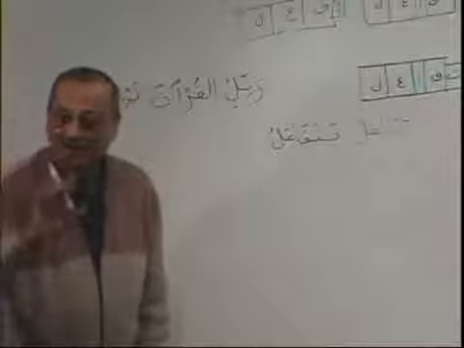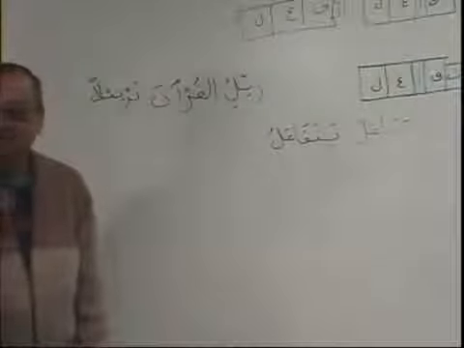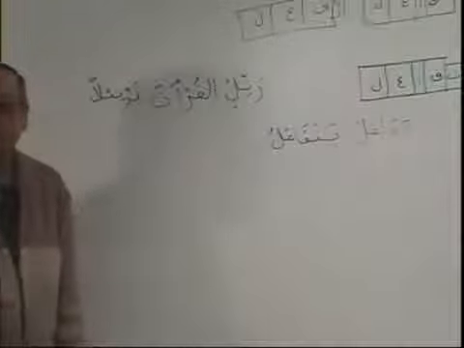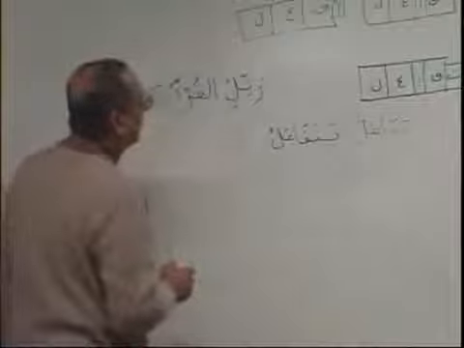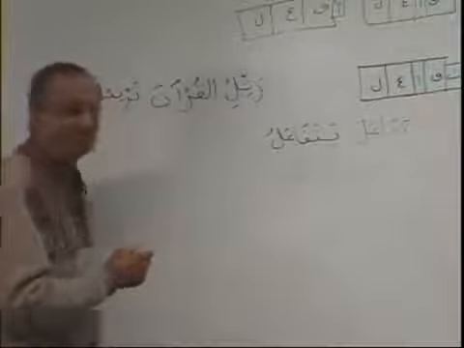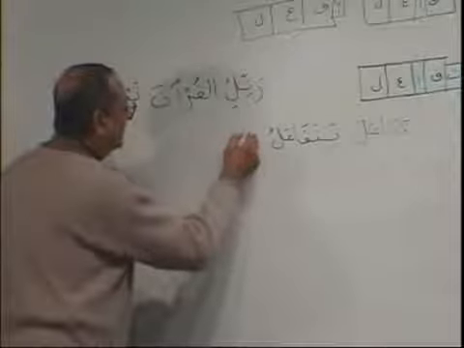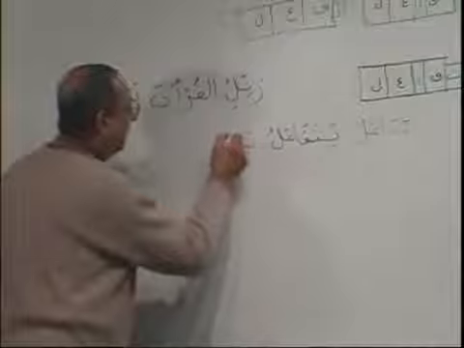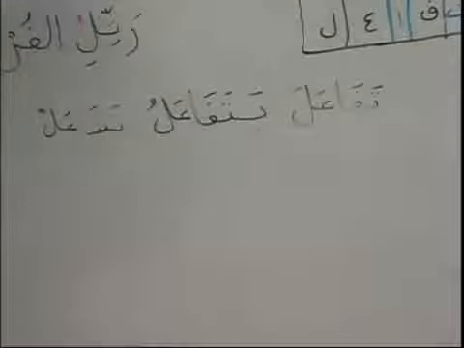Okay? It is tafa'ala. And then later on we'll take time and enter the building and explore its different rooms and different artifacts. Where is the amr? Sister Hafsa, where is the amr now? Tafa'al. Okay, and then, brothers and sisters, I want ism fa'il.